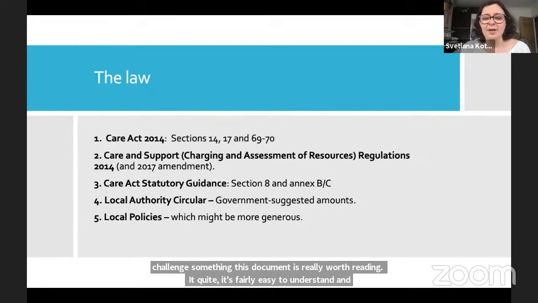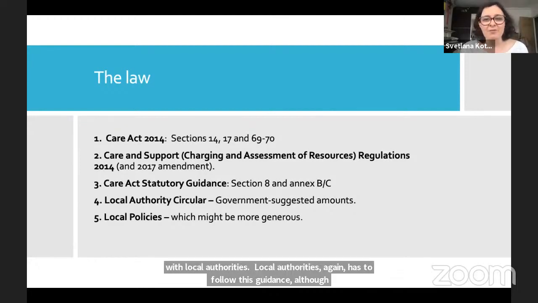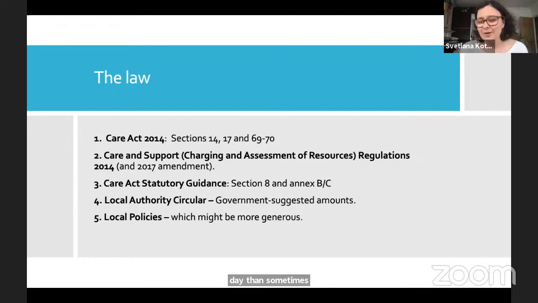The local authority has to follow this guidance, although they can sometimes depart from it if they have very good reason, but they would have to justify doing so. Usually local authorities follow this guidance.